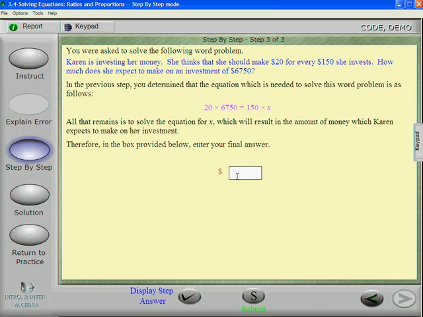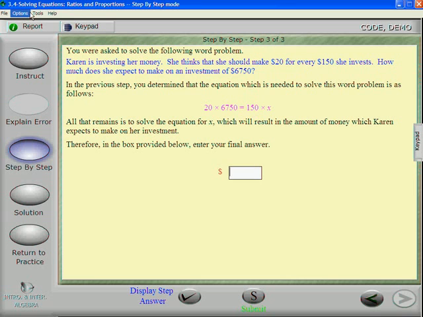And then they want the final result. Algebraically, what I can describe is that you'd have to say 20 times 6,750 is what? And then divide by 150 on both sides. That's going to give you your result.